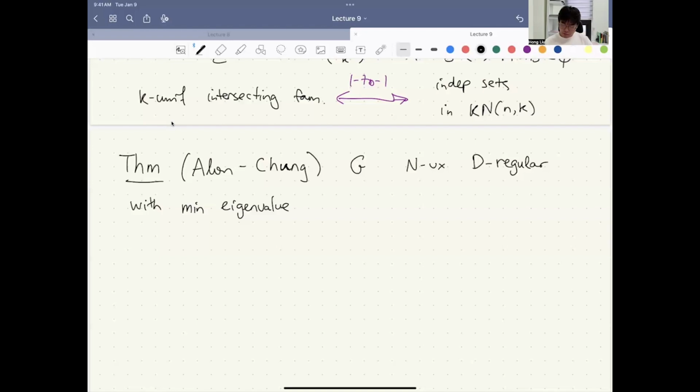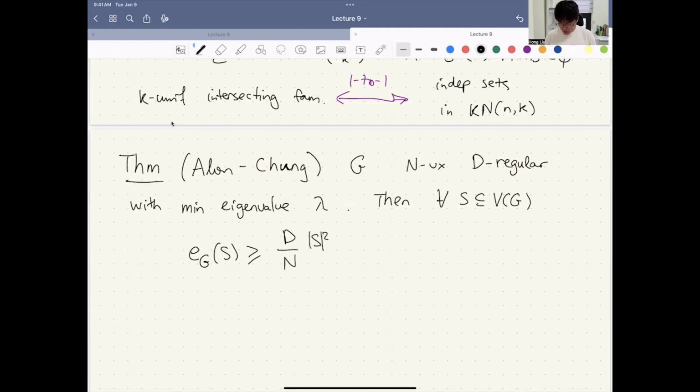For this matrix, if the minimal eigenvalue is lambda, then for any set S of vertices in our graph, we have the following pseudo-randomness property. The number of edges in G induced by the set S is at least D over n times S squared over 2.